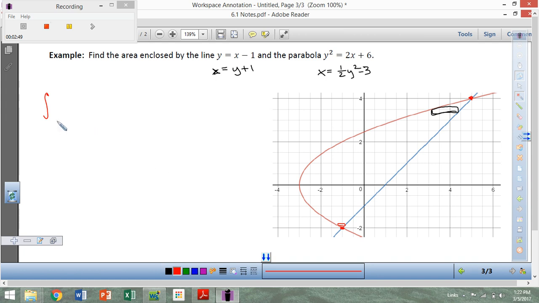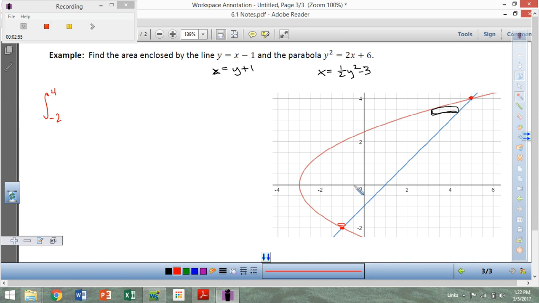But I'm going to be going from y equals -2 to y equals 4 on this problem. Not from x equals -3 to x equals 5, which is where the endpoints of this are at. I cannot do that because I'm thinking about my rectangles stacking vertically from a y value to another y value.